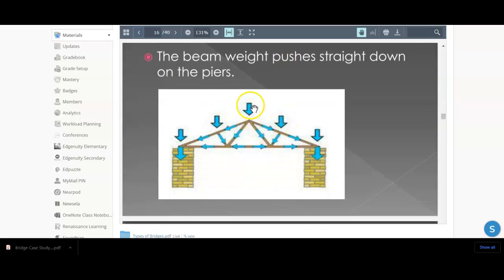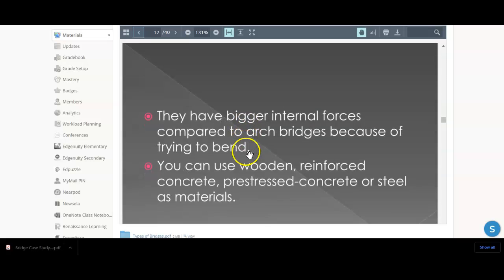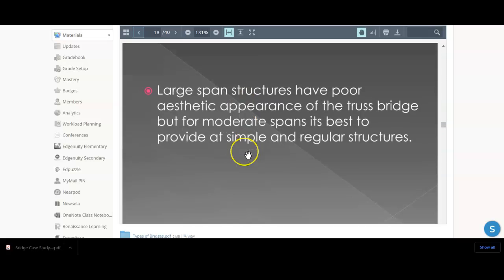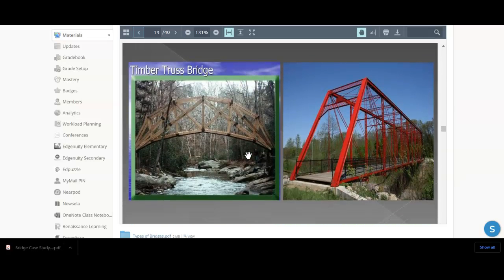And you can see here where the arrows are, again, engineering, we just distribute the weight down to the supports that are anchored on either side. And so that's what a truss does. Okay. And so here's a timber truss, and anytime you see the word timber, they're talking about wood. And then this is a steel truss bridge.